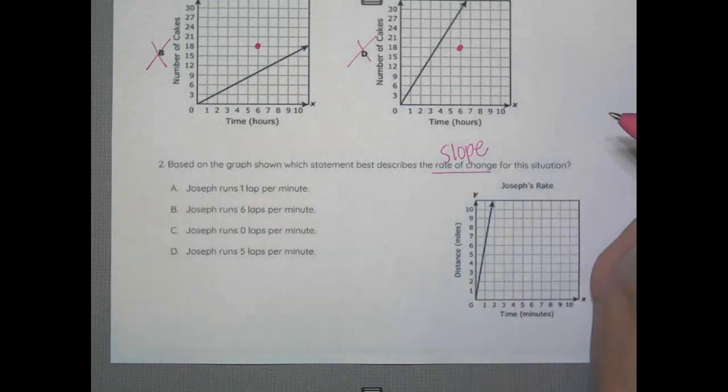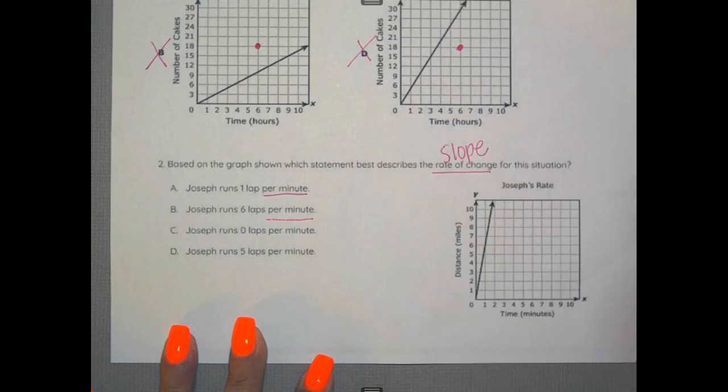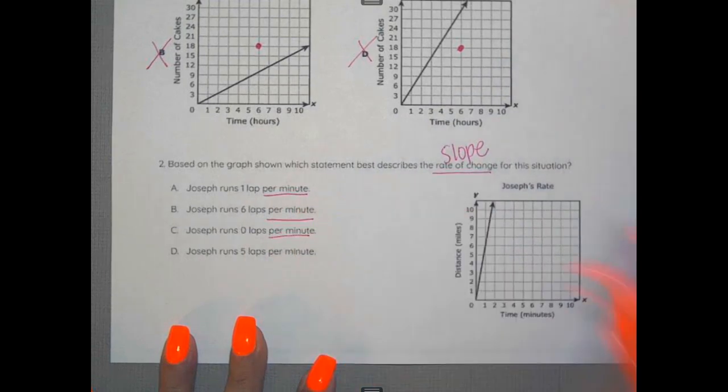It says A, Joseph runs 1 lap per minute. B says Joseph runs 6 laps per minute. C says Joseph runs 0 laps per minute. And D says Joseph runs 5 laps per minute.